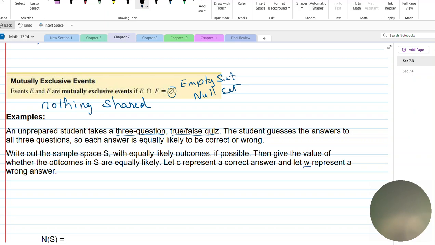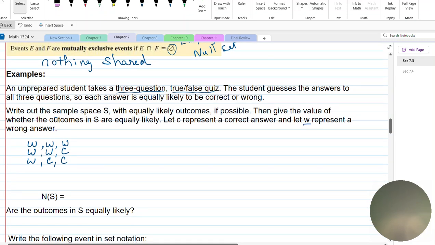So the best scenario on the guess is correct, correct, correct. Then we could have wrong, wrong, correct. Then we could have wrong, correct, correct. And what else could we have?